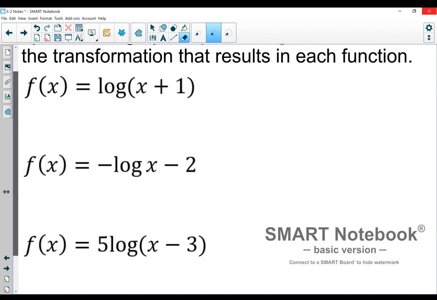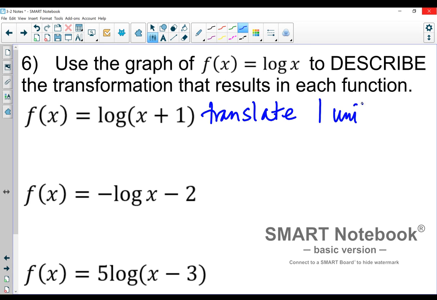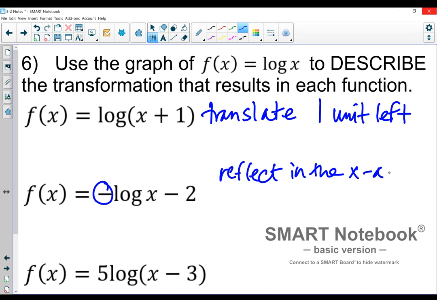So if we have an x plus 1 in parentheses, we know that these are always the opposite of what it says. So instead of moving 1 unit to the right, this is going to translate 1 unit left. We'll have some of these multiple choice on our Canvas test. This negative in front is going to reflect about the x-axis.